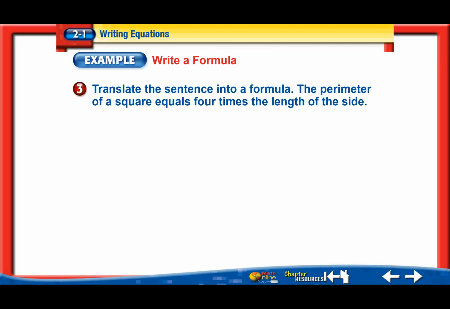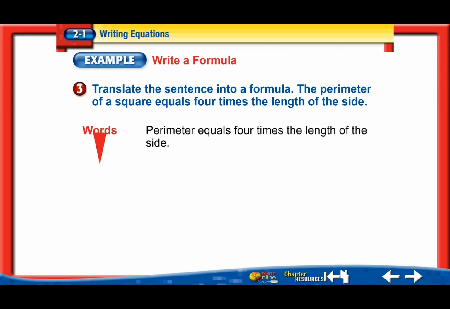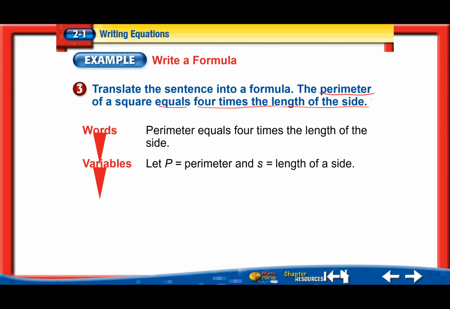All right, write a formula for this. Translate this sentence into a formula. Perimeter of a square equals 4 times the length of one side. So we start out with the perimeter equals 4 times the length of the side. We're going to have P for one variable, and it looks like S for the length of the side.